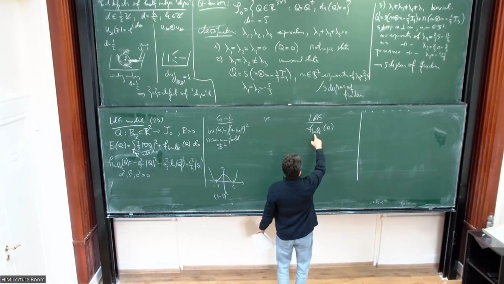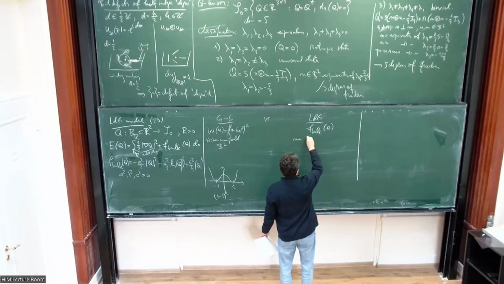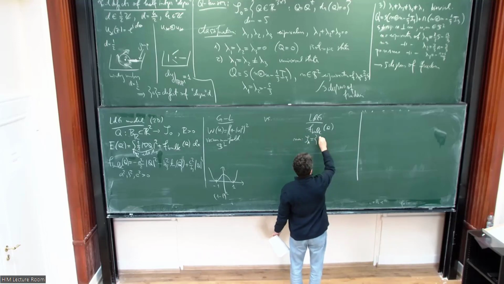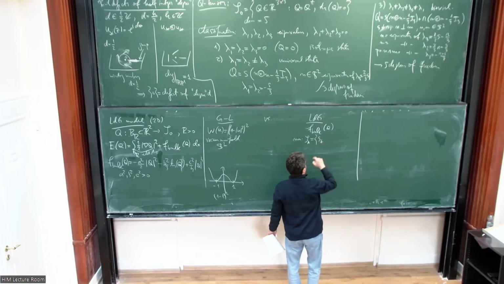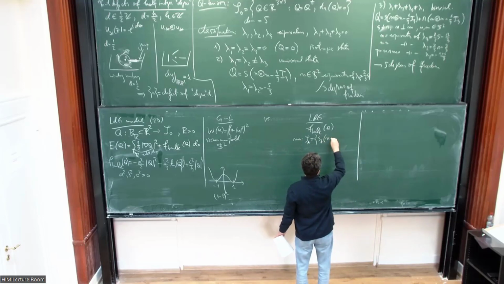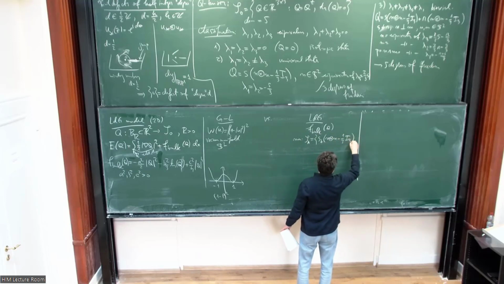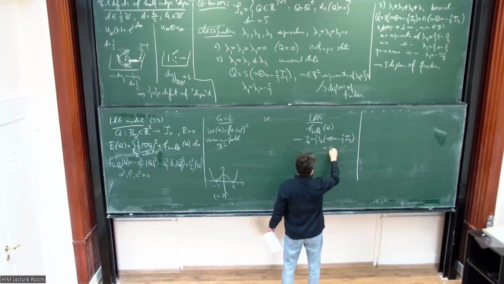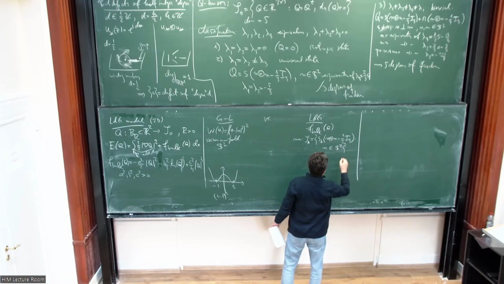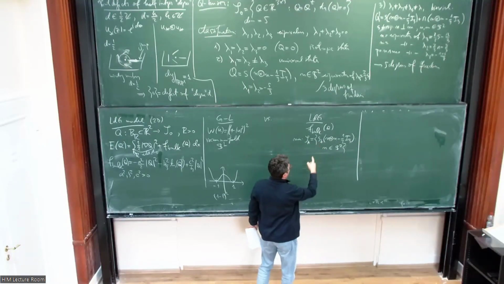When you look at the minimum of this, as Arghir mentioned to you, the minimizers are uniaxial, but with a fixed eigenvalue, S plus, which is the minimum.